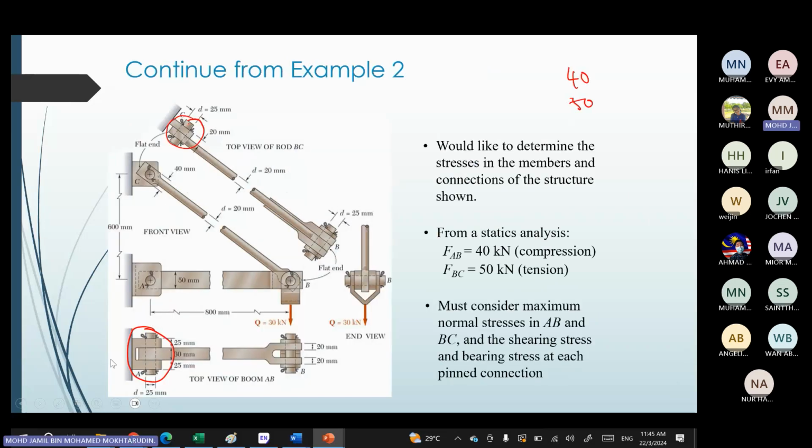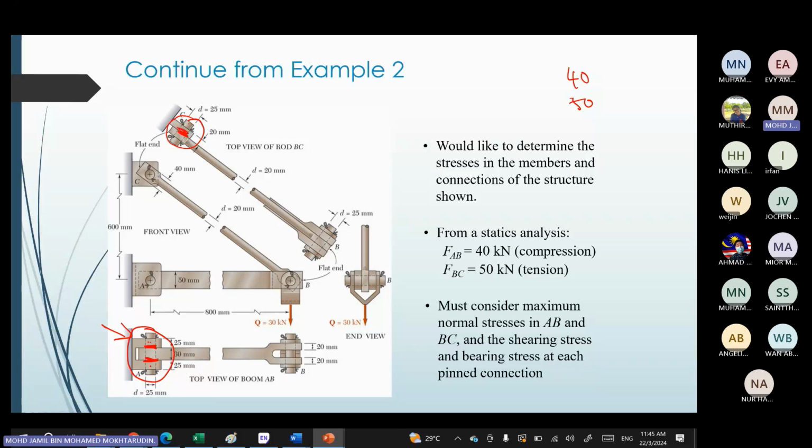So here at point A, you have double shear, okay? One here and then one here. For the beam, it is in contact with the top part and the bottom part. But for the rod, you have only one contact area.